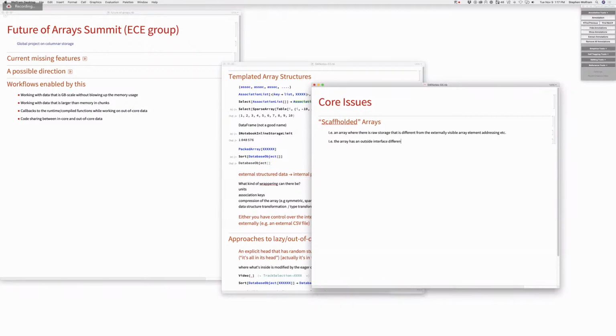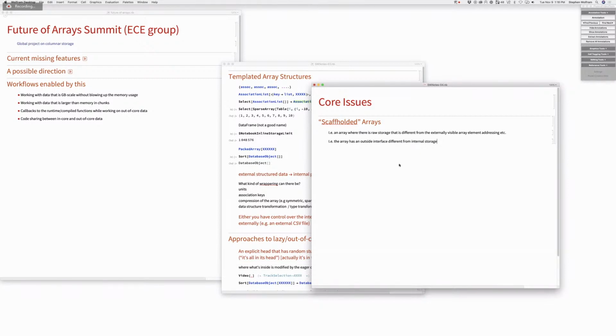Depending on how this would be done, it sounds like this could be an extension of packed arrays or something like them that allows support for some of this templating, maybe also for missing values. Right.